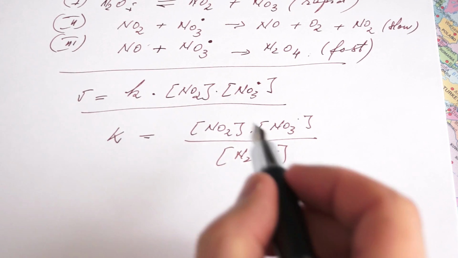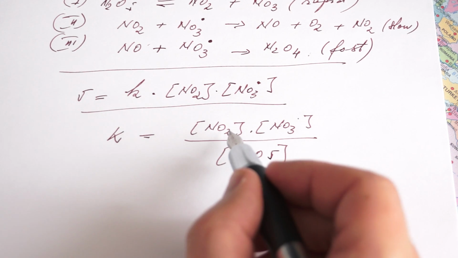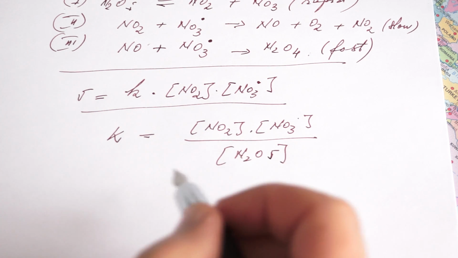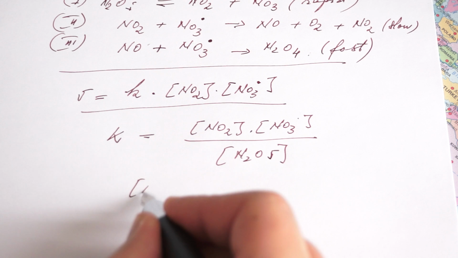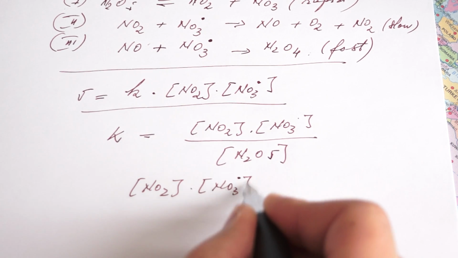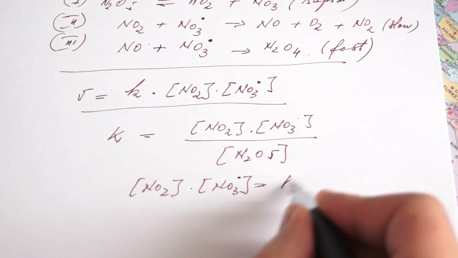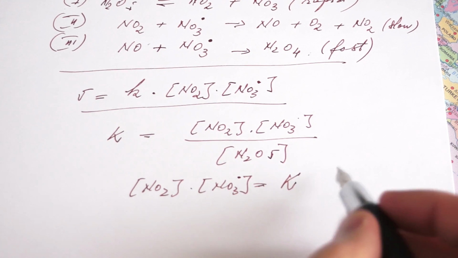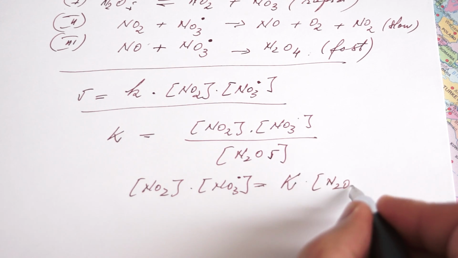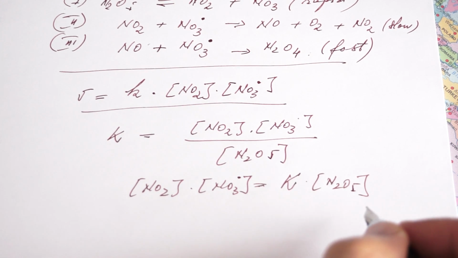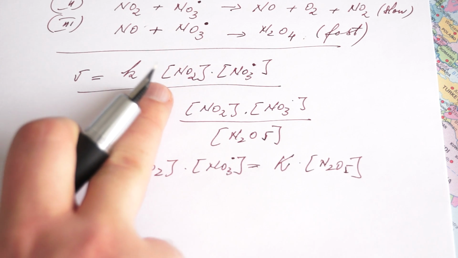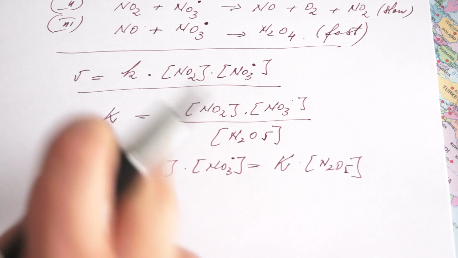The product of the concentrations of NO2 and the NO3 radical is equal to K, the equilibrium constant of the first reaction, times the concentration of N2O5.